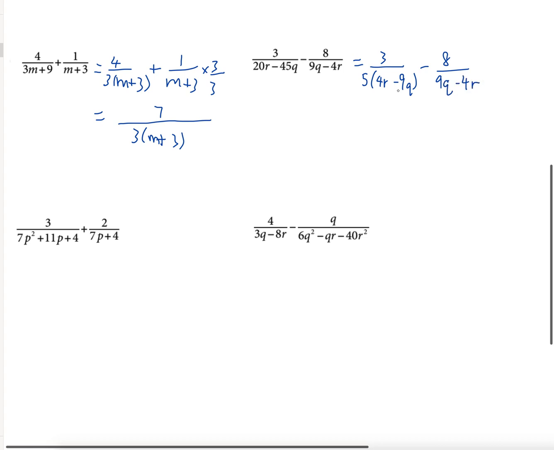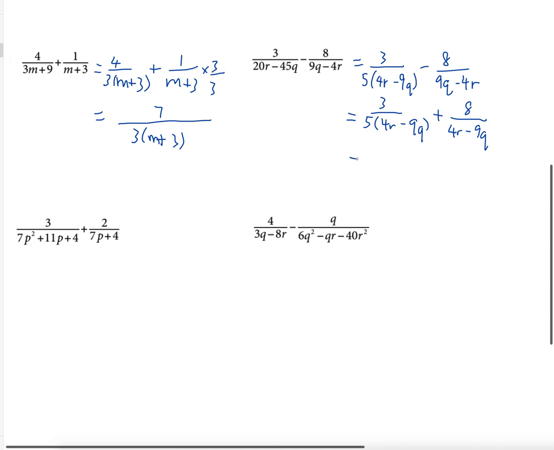Here 9q is behind, so we need to rearrange this. Remember, we have learned earlier on how to invert it. We take out the sign, which is a negative sign, so this becomes negative times negative is positive. Or we just change the sign in front and switch the terms to 4r minus 9q.